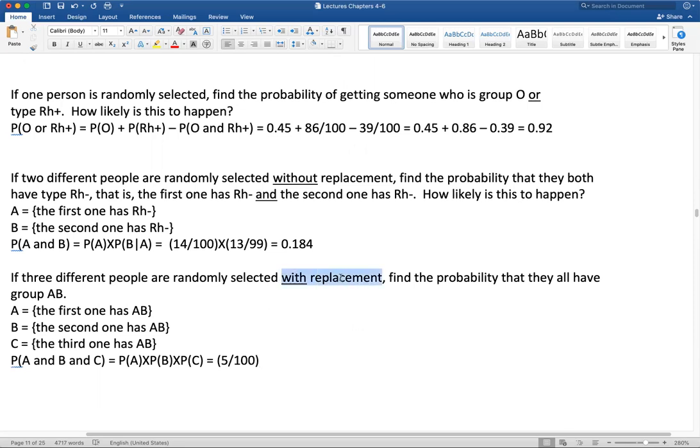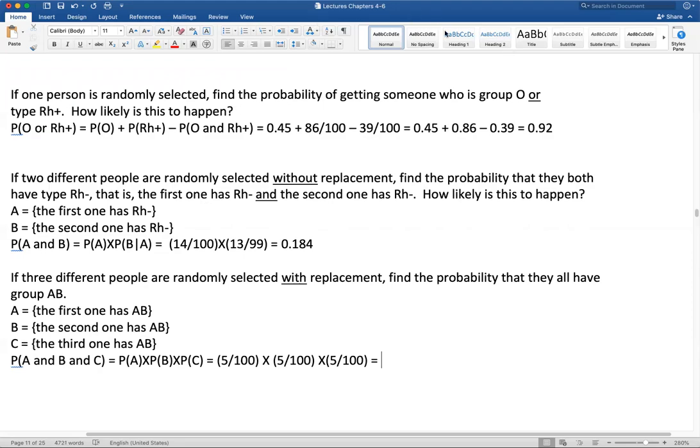Replacement is allowed, so when you select the second one, the number of outcomes in the sample space is still 100, because once we select the first one, check the blood type, and put it back into the sample space, that's what replacement means. So it's 5 over 100 times 5 over 100 times 5 over 100, which is 0.05 to the third power.